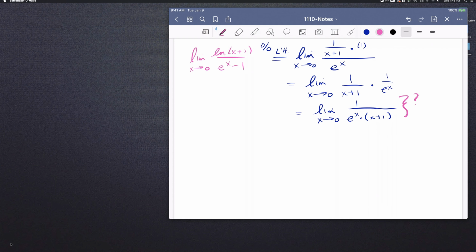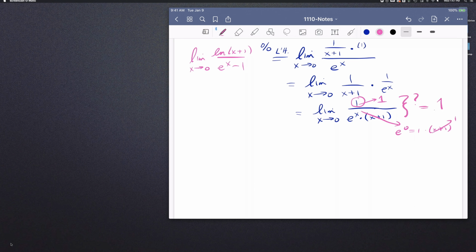As x goes to 0, 1 stays at 1, e to the x gets closer to e to the 0, which is equal to 1, and x plus 1 gets closer to 1.